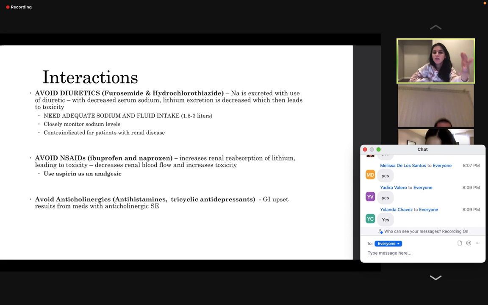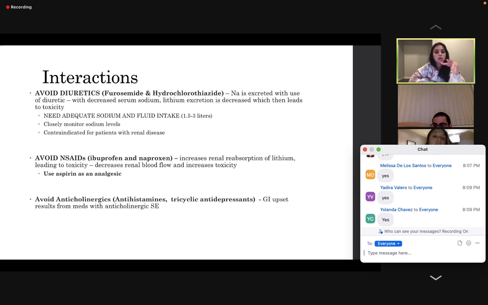If we don't have lithium excretion, we can have a lot of lithium in our body, which means lithium toxicity. We can't do that. So we need adequate sodium and fluid intake. We need to make sure it's maintained, 1.5 to 3 liters. Closely monitor sodium level.